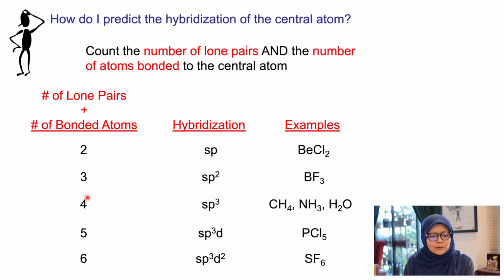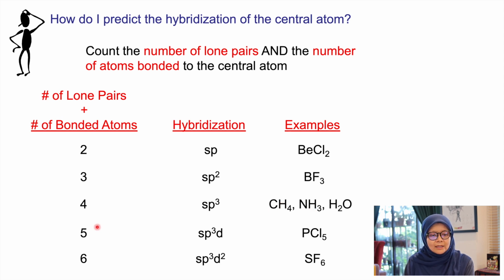And then if the total number of lone pairs and bonded atoms is equal to 4, you will get sp3 hybridization that represents tetrahedral geometry. For example, we have methane, ammonia, and also water.